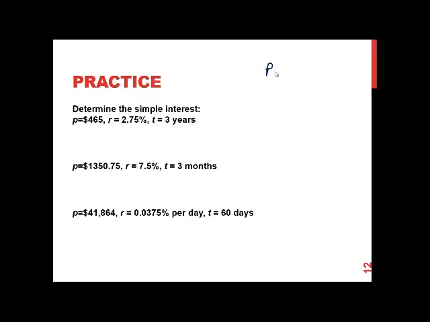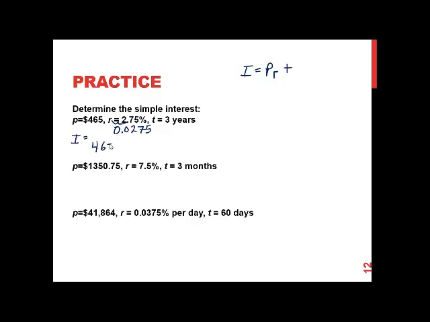And again, we've got I equals PRT. So if we have a principal of $465, interest rate of 2.75%, and since it doesn't indicate otherwise, this is an annual interest rate, and time of 3 years. Our interest rate of 2.75%, if we change that to a decimal, moving it over, gives us 0.0275, and again I like to have the leading zero in there.